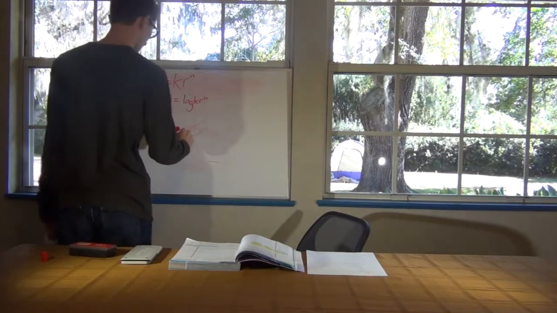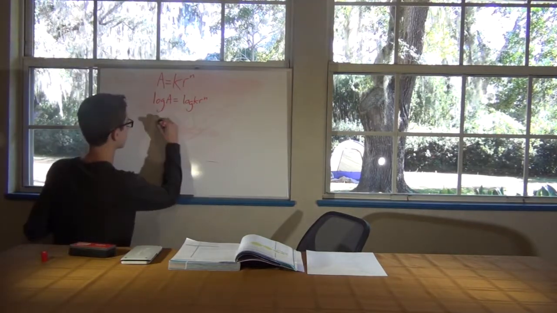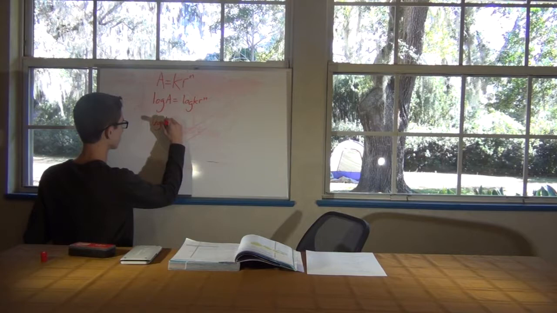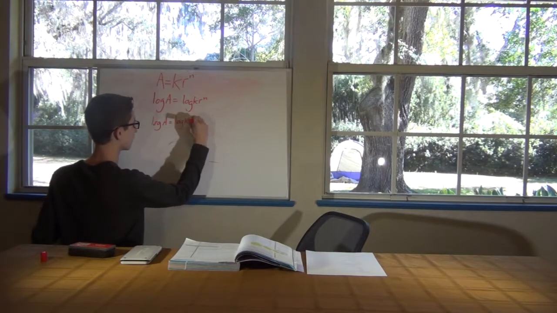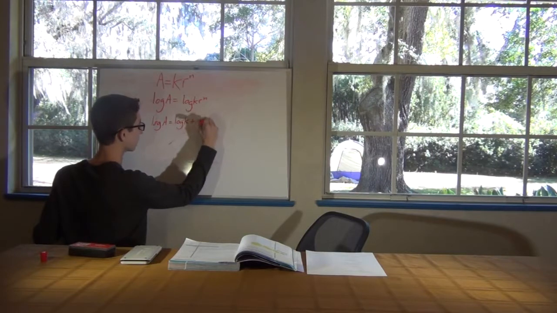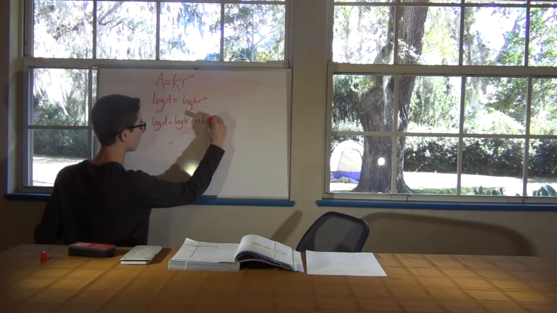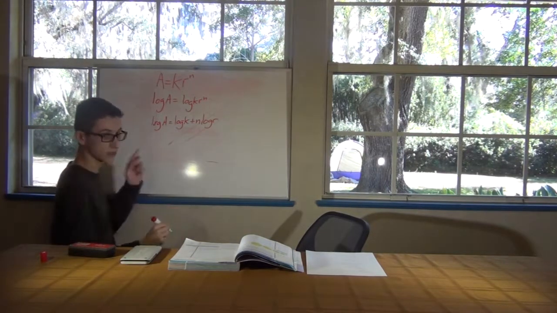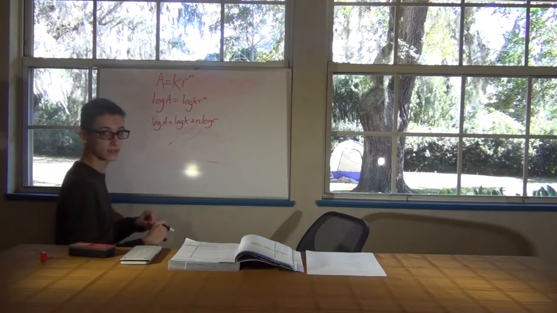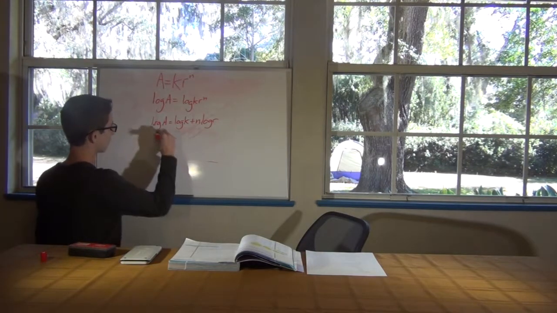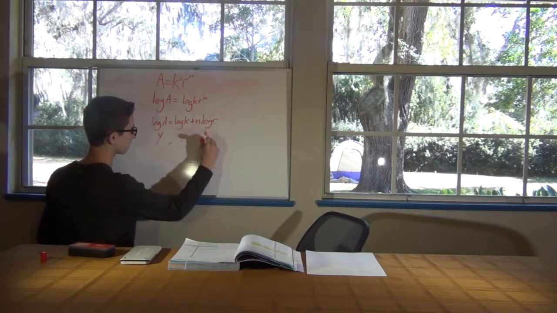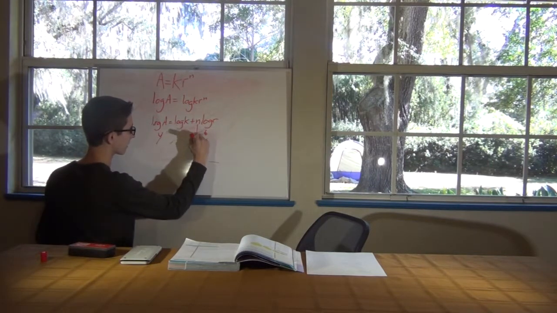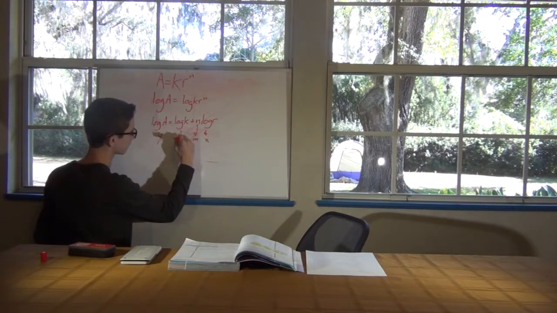Using log rules, we can now separate this into log A equals log k plus n log r. And if you'll notice, that is a linear relationship, with your log A being your y, your log r being your x, your n being your m, and your log k being your b.